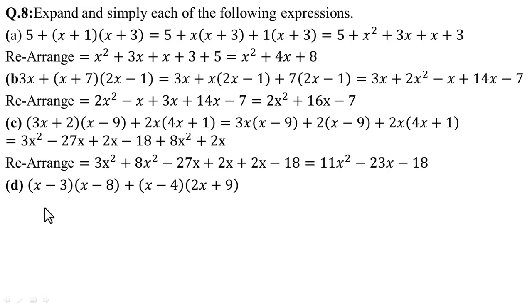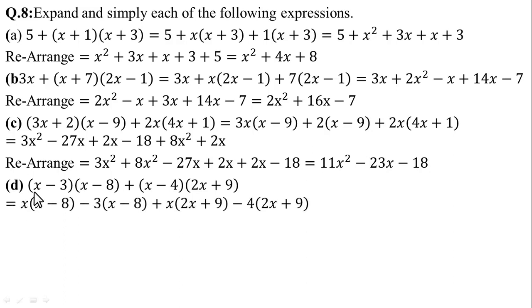In D part, (x − 3)(x − 8) plus (x − 4)(2x + 9). First of all, multiplying the values, we can write x into x − 8 minus 3 into x − 8, plus x into 2x + 9 minus 4 into 2x + 9.